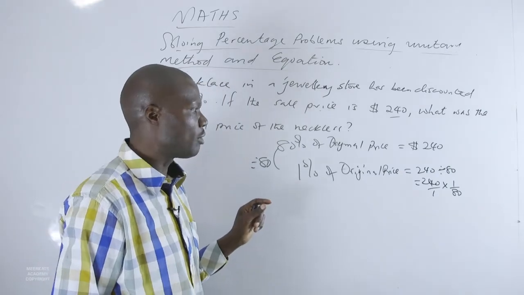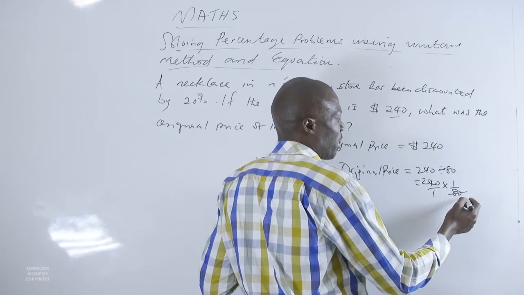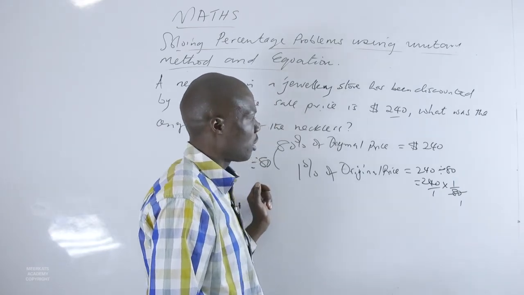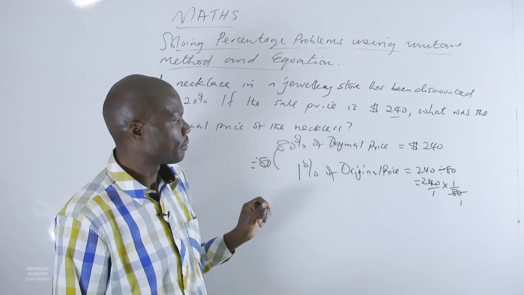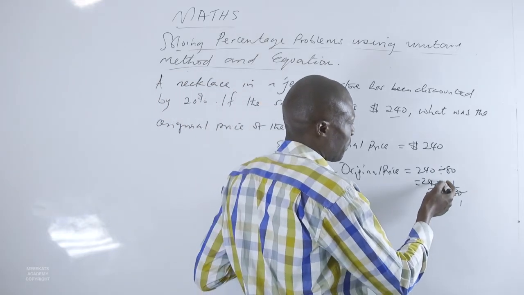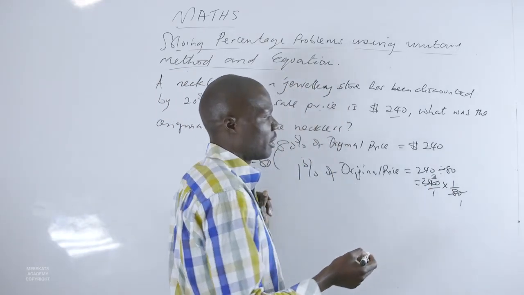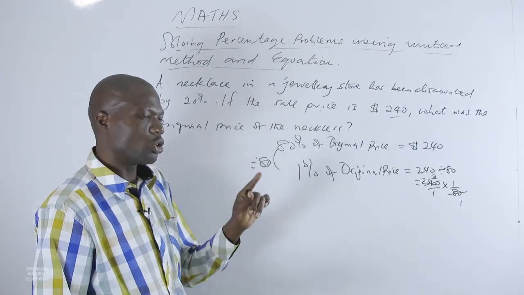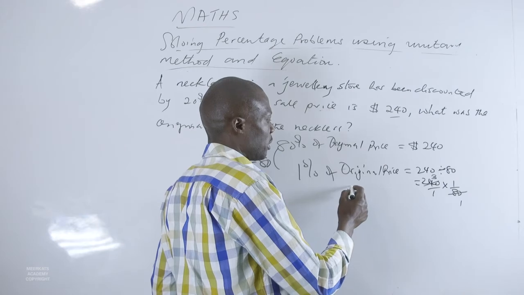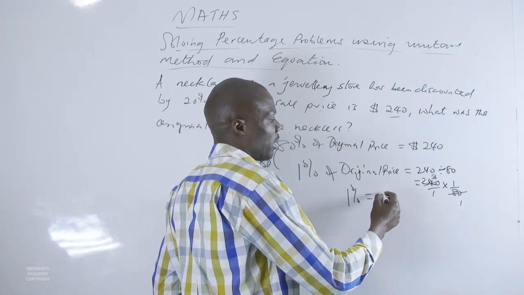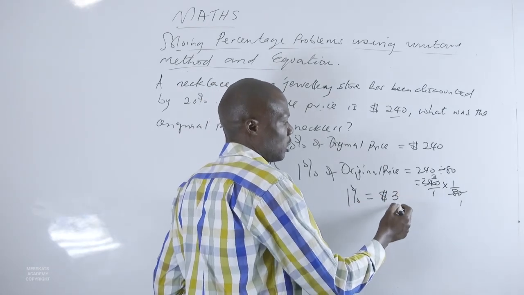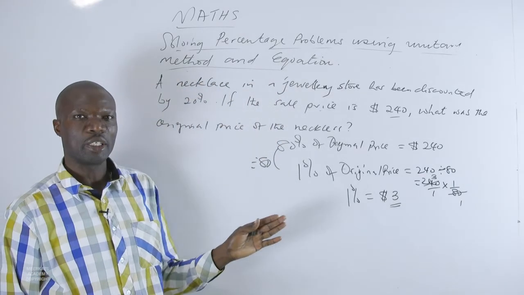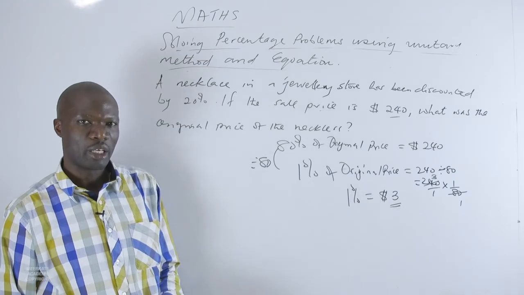You simplify by 80, it will give us 1 here, and 3 here. So 1% is equivalent to $3.